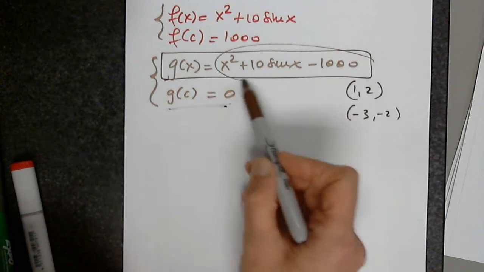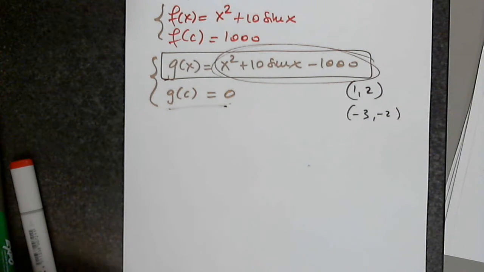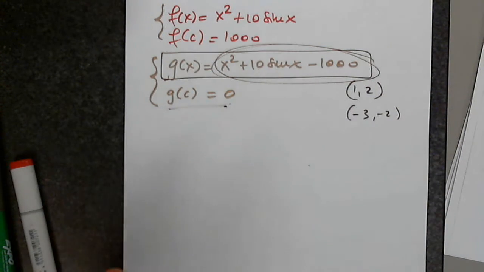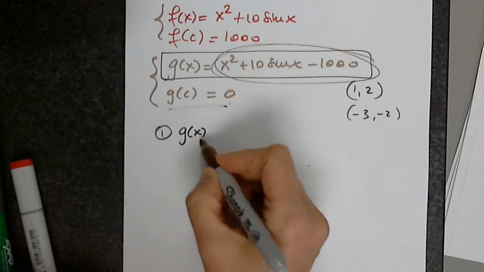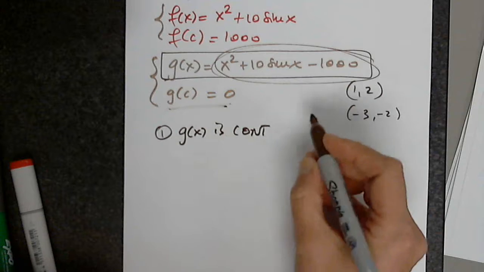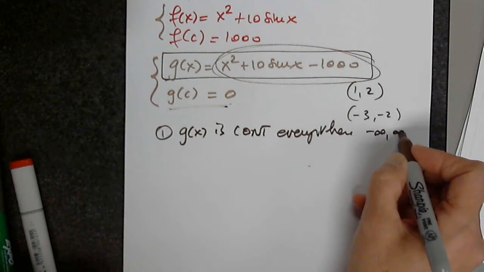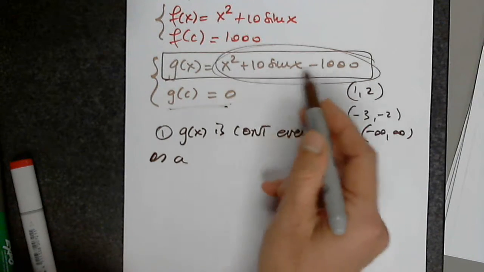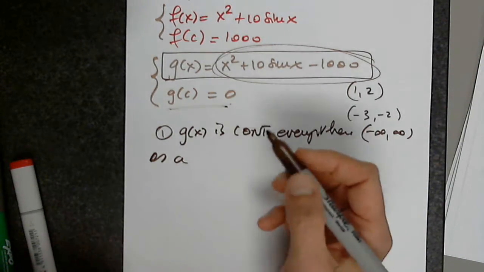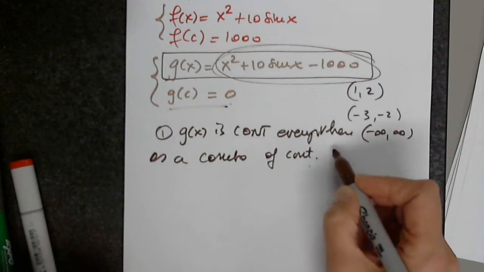I will have to find an interval. I will have to put this function in the graphing calculator and try to plug in some numbers and see. I know it's continuous, and I will have to write that right away. So g of x is continuous everywhere, meaning -infinity to infinity, for sure, as a combination, addition, subtraction, of continuous functions.